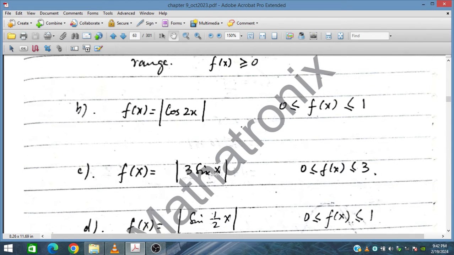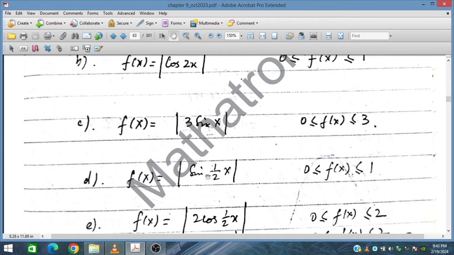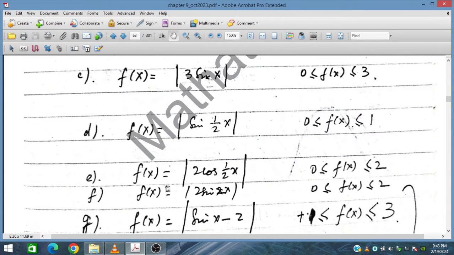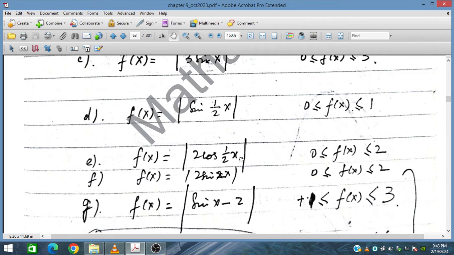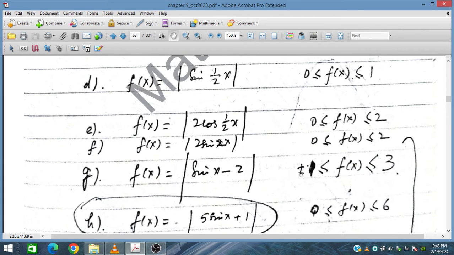For 3 sin x, the value ranges from 0 to 3. For sine half x, 0 to 1. For 2 cos half x, 0 to 2, because of this 2, and this value always gives a positive value. Similarly for this one, 0 to 2. For this value, we have +1 to 3, because it always gives a positive value.